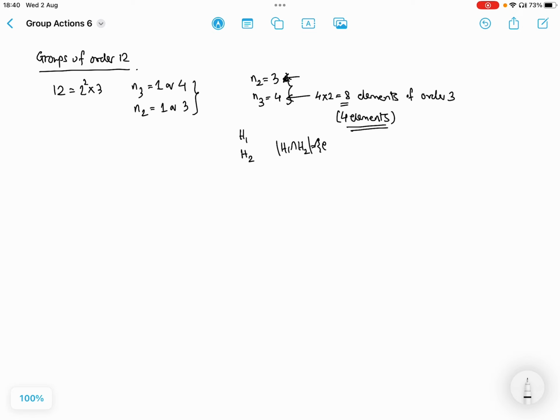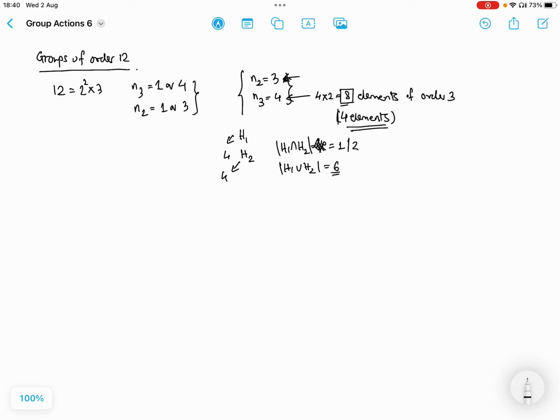Their intersection can have order 1 or at most 2. But even in that case, the union will have how many elements? There are 4 here and 4 there, and the intersection has two of them, so you get 6 elements. And that is a contradiction, because we have already exhausted the elements: we got 8 elements here, and the remaining can be at most 4, but we got 6 elements. That is a contradiction. So this choice of number of Sylow 2 and 3 subgroups is not possible.